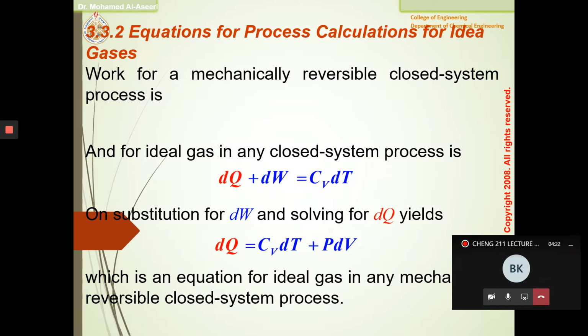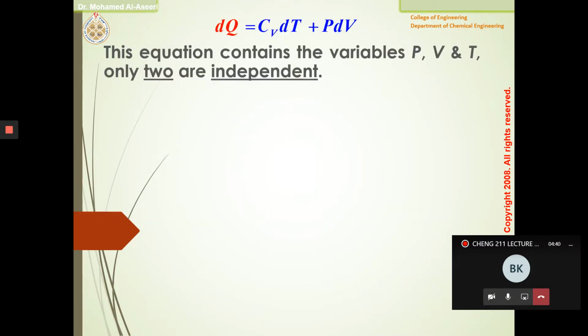Just a brief recap of what we did last lecture. Last lecture, we focused on ideal gas behavior and how we can deal with the first law of thermodynamics for ideal gas. I already covered this slide, but just to remind you, we applied the first law and asked, what if it is ideal gas?